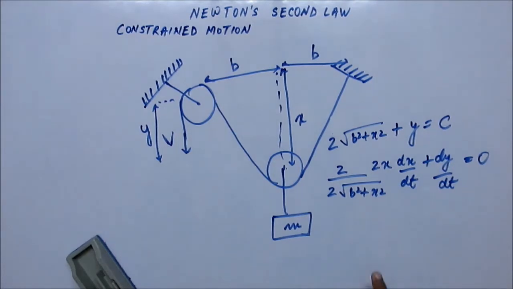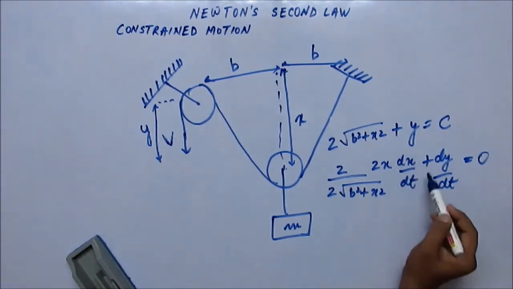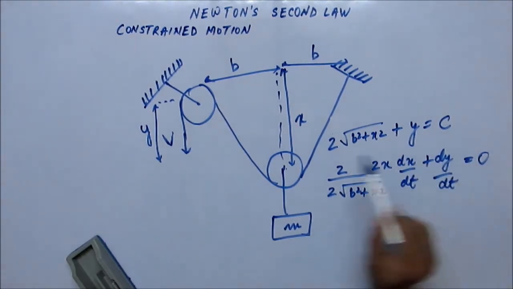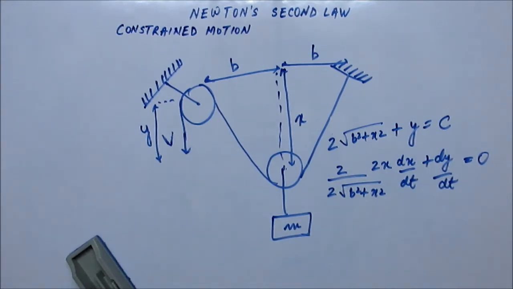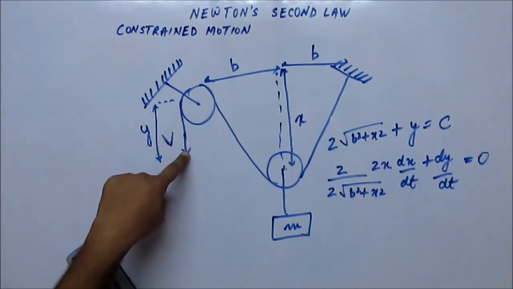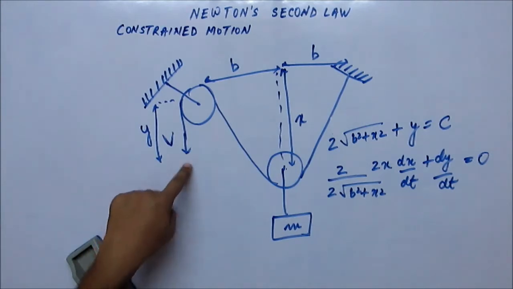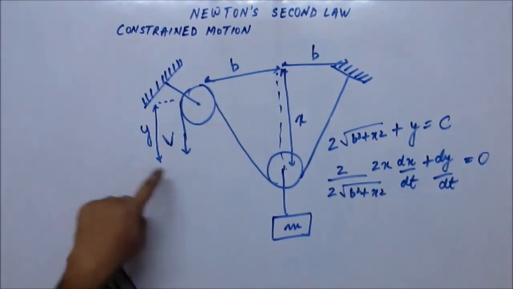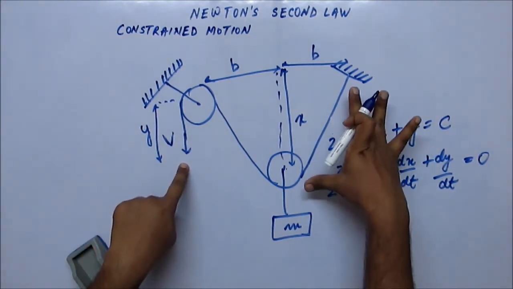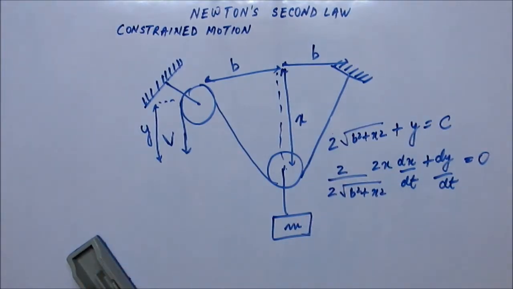Now from here we'll see that dx by dt is the required velocity and dy by dt is the given velocity. Because this is y, dy by dt is actually the rate of change of this position. So dy by dt is the given velocity. If you take this as y, then dy by dt is not the given velocity. Okay? So that's the benefit of taking this constraint relation.